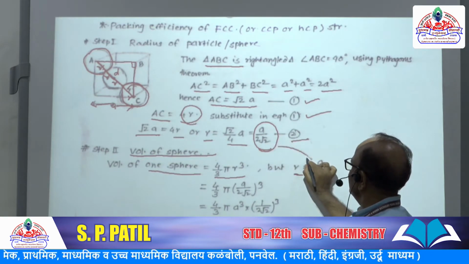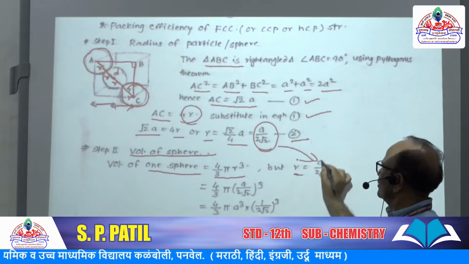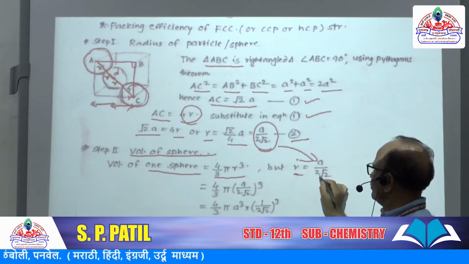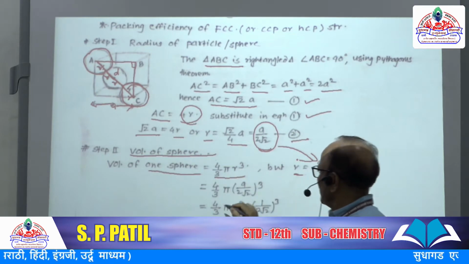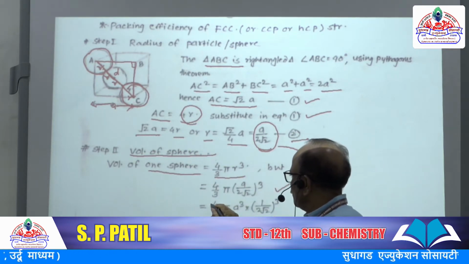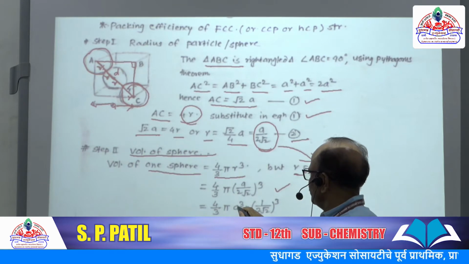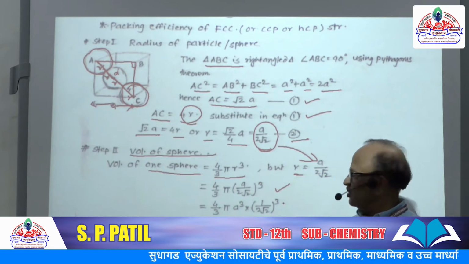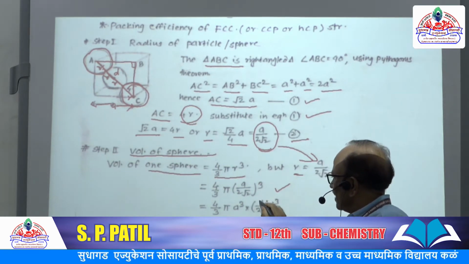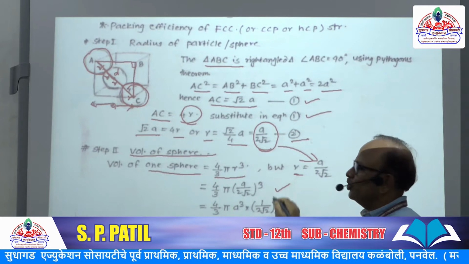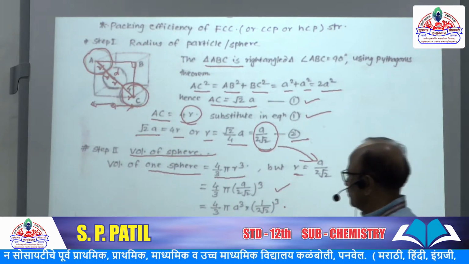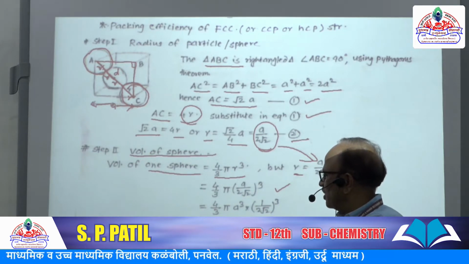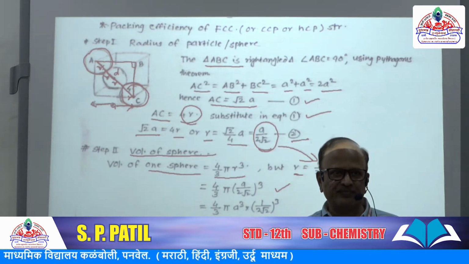Put here r is equal to a upon 2 root 2. Putting this value and simplifying, 4 by 3 pi a cube into 1 upon 2 root 2 raised to 3. If we solve this and simplify, we get pi a cube upon 12 root 2.